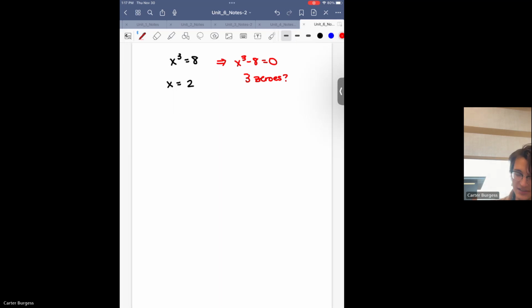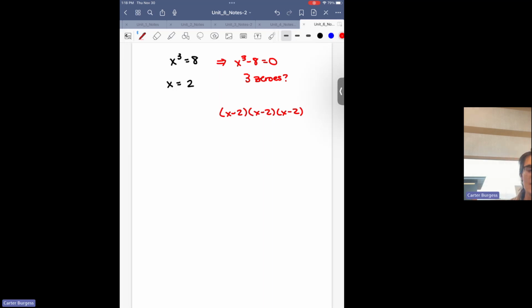If that is the case, then we should be able to write this polynomial x cubed minus 8 as x minus 2 times x minus 2 times x minus 2. But if you try multiplying that out, you're not going to get x cubed minus 8. So 2 here actually does not have a multiplicity of 3. And so we are missing 2 solutions to this equation.